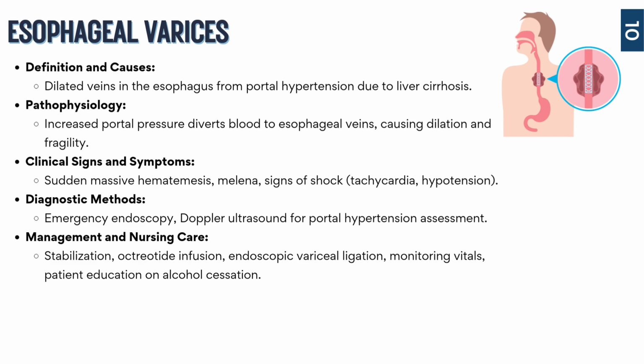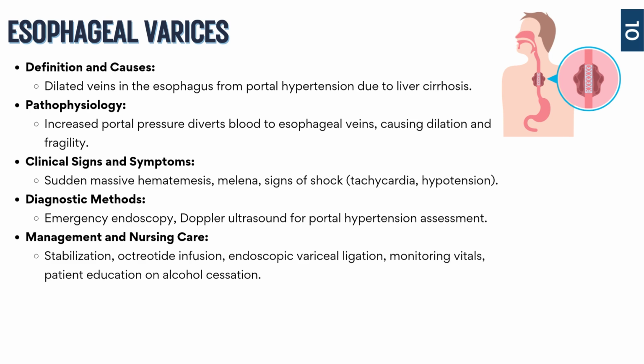Okay, so what are esophageal varices? They are dilated submucosal veins in the lower esophagus. So lower in the esophagus, the veins become enlarged. And what causes this is liver cirrhosis. So these patients are typically alcoholics or have a history of alcoholism or hepatitis or something that causes liver cirrhosis.